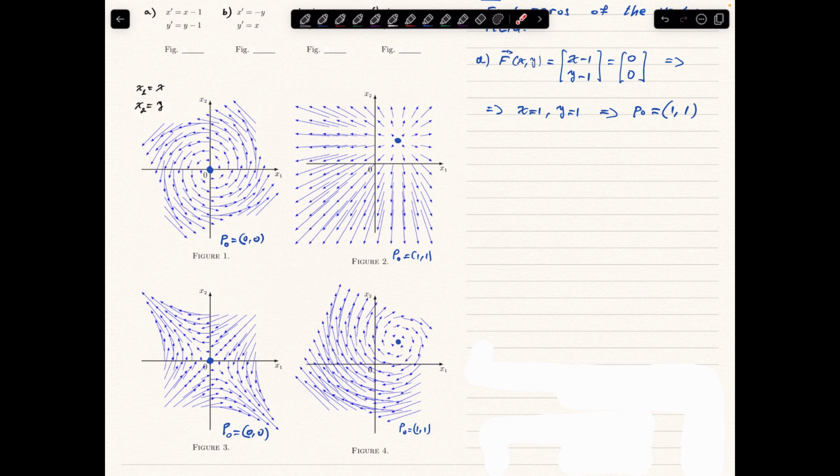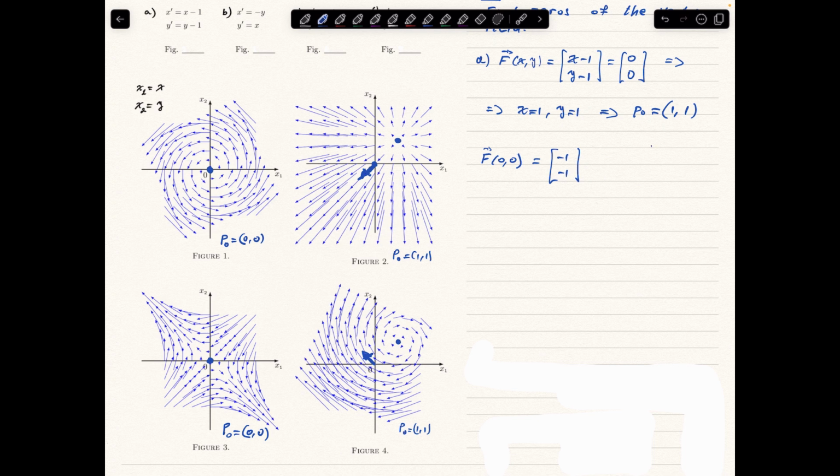We grab any other point, a simple point. For example, 0, 0. And at 0, 0, we see that we have a vector field like this. And this one at 0, 0 has a vector like this. And they are different. So the only thing we need to do now is to compute f at 0, 0 for the system in A, which is actually -1, -1.